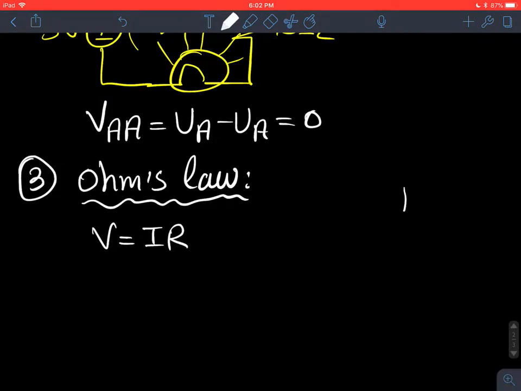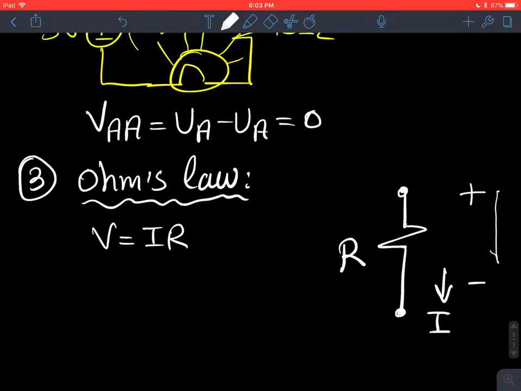And just to put it into some sort of a circuit schematic right here, if you have a resistor and this resistor has a resistance of R ohms and there's a current going down the resistor at I, again, I'm going to assume that this is the positive terminal or the positive part and this is the negative part. Why? Because current is flowing down. It flows from the positive all the way down to the negative.